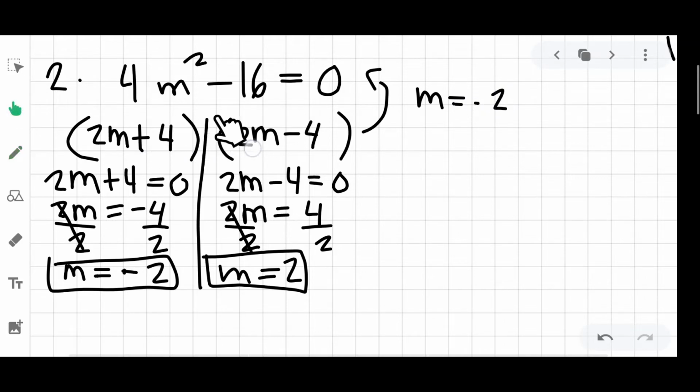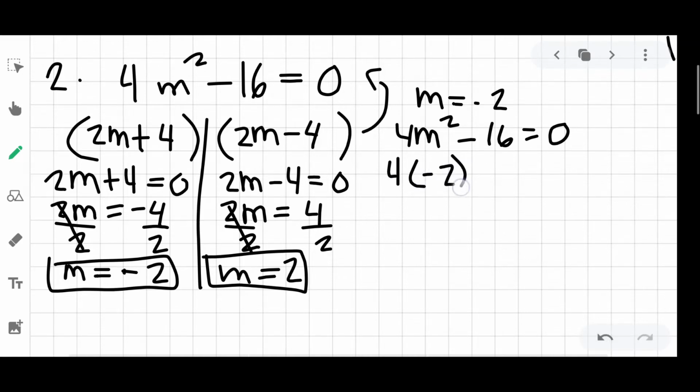Copy the original equation: 4m squared minus 16 equals 0. Papalitan lang natin yung value ng m ng negative 2. Kaya magiging 4 negative 2 squared, copy negative 16 equals 0.